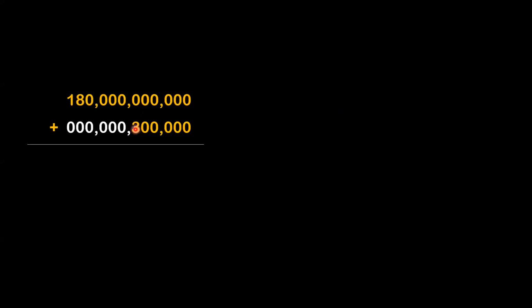If I add these two numbers and I've lined them up so that the ones line up and the tens digits line up, etc., even though the number starts in the 100,000th place for 300,000, the zeros here are implied. We know what the digits are in, for instance, the 100 millionth place and the 100 billionth place. They're all zeros.